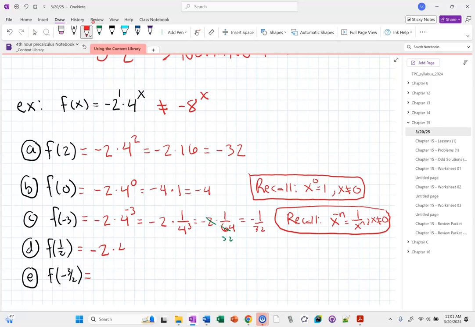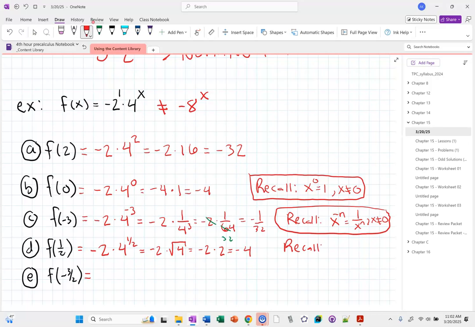If I do f of 1/2, again, I'm just plugging the 1/2 into x. So -2 times 4 to the 1/2. What does a 1/2 exponent mean? Square root. Very good. So remember all of our unit exponents, like 1 over a number. The number tells you the index of the radical. And that's nice because the square root of 4 is just 2.